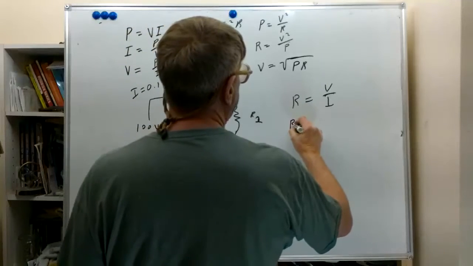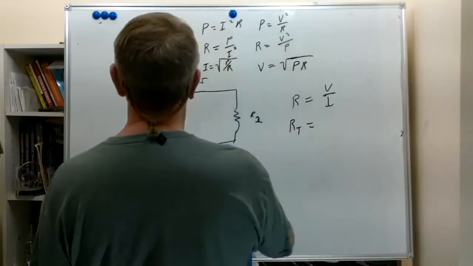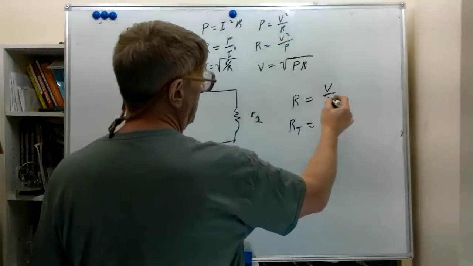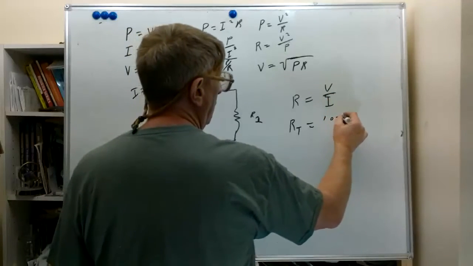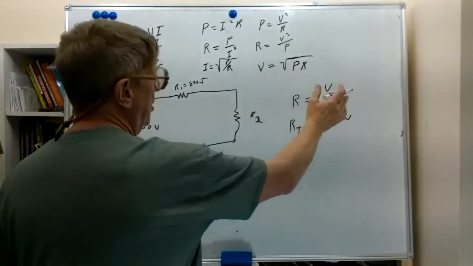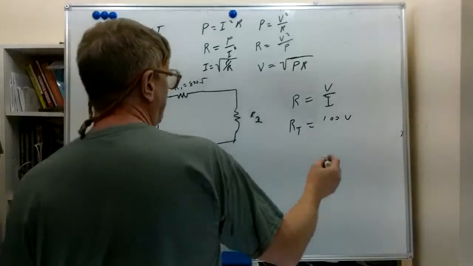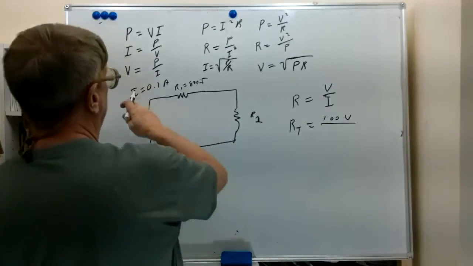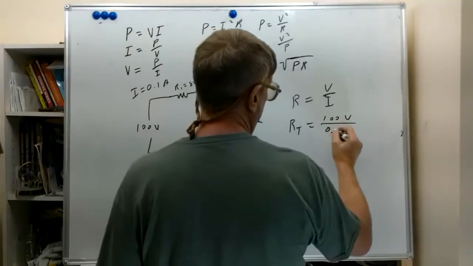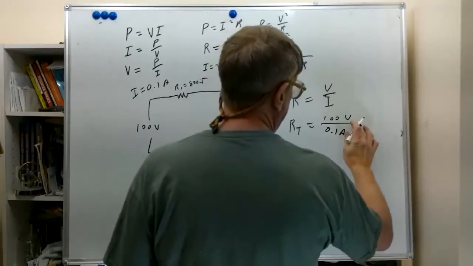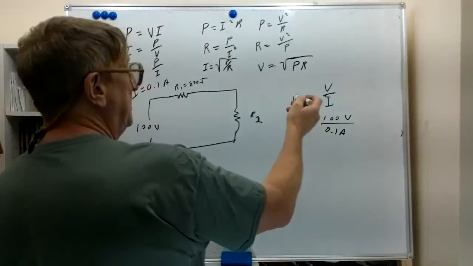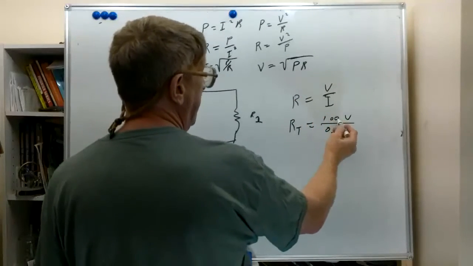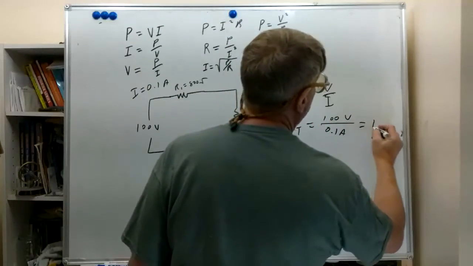So RT is going to be the given voltage of 100 volts, substituting in that Ohm's law expression for resistance, divided by the given current of 1/10 of an amp. And we divide 100 by 1/10, we end up with 1,000 ohms.